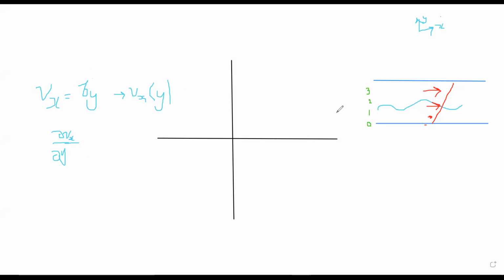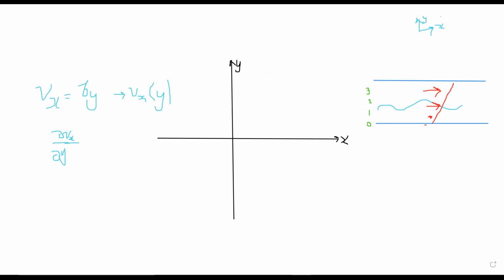So if we label these as y here, what that means is for positive values of y, which is all of this shaded region here, the velocity in the x direction is in the positive x direction because Vx is positive, right? It'd be like 3b or 2b or 1b, they're all positive values.